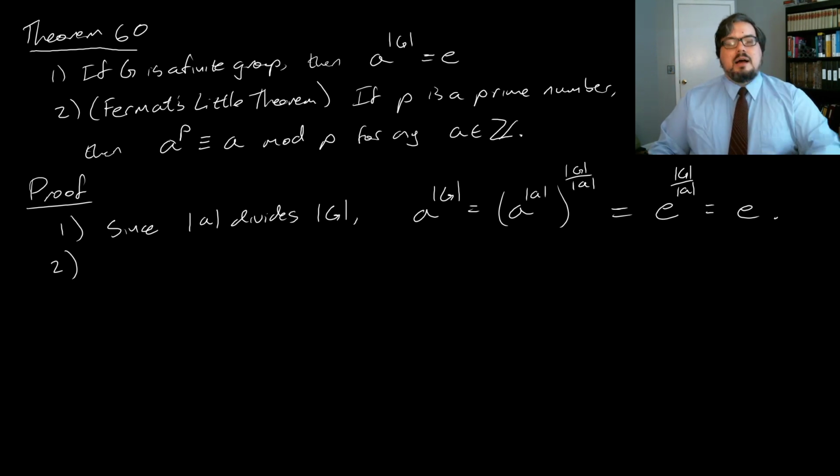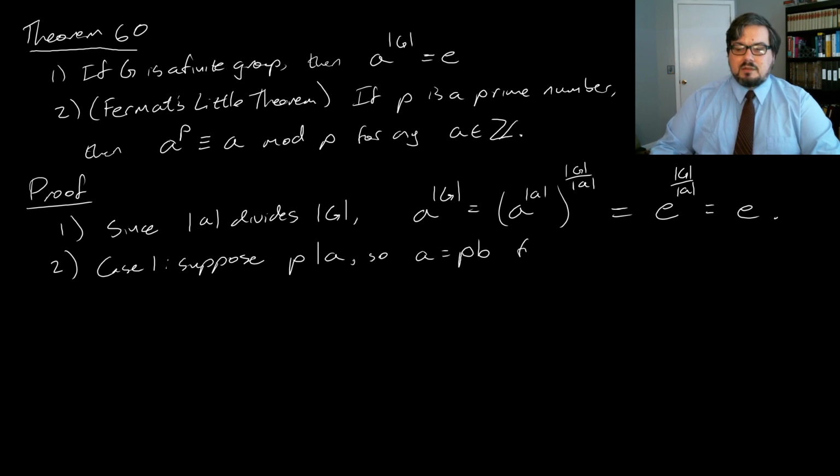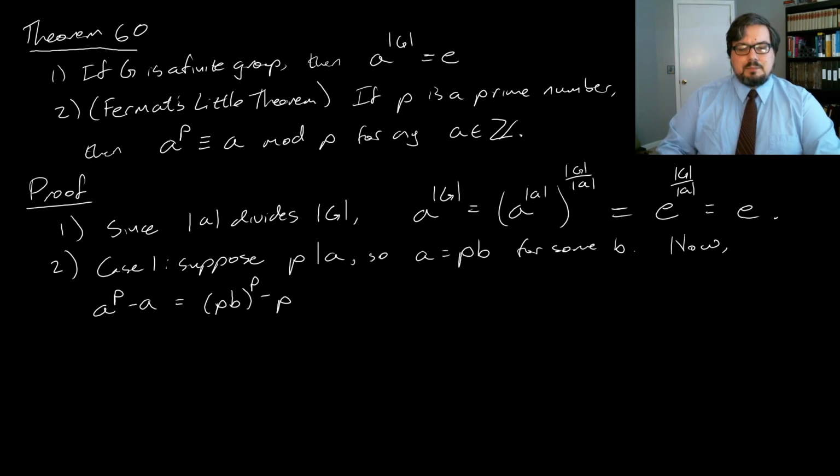Part 2, we are going to use some of the previous results. We do have to break this into 2 cases, though. So, case 1. Suppose that P already divides A. So that means that A is equal to P times B for some B. So now we want to prove that A to the P is congruent to A, which means that we want to prove that A to the P minus A is divisible by P. So A to the P minus A is equal to PB to the P minus PB, which is P to the P times B to the P minus PB, and we can factor a P out.